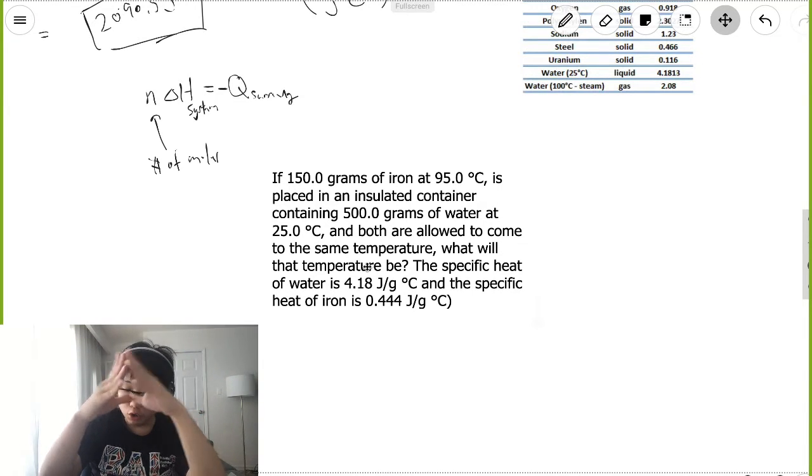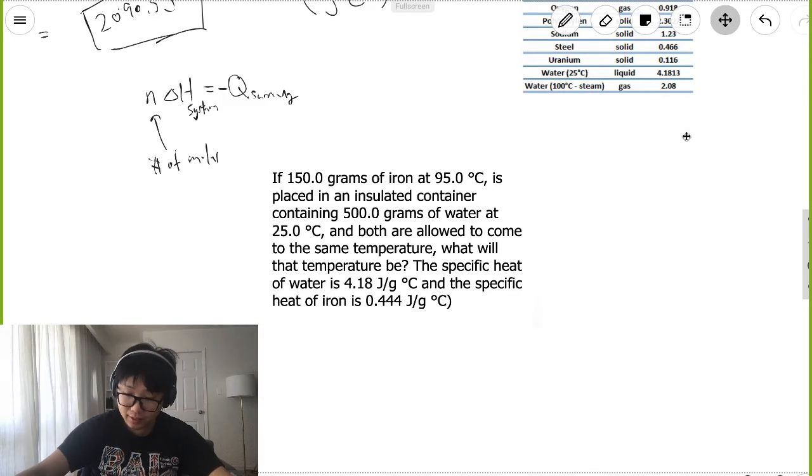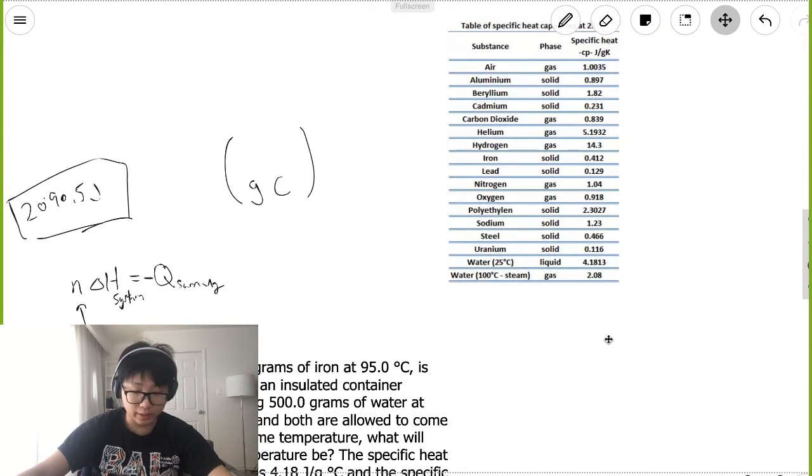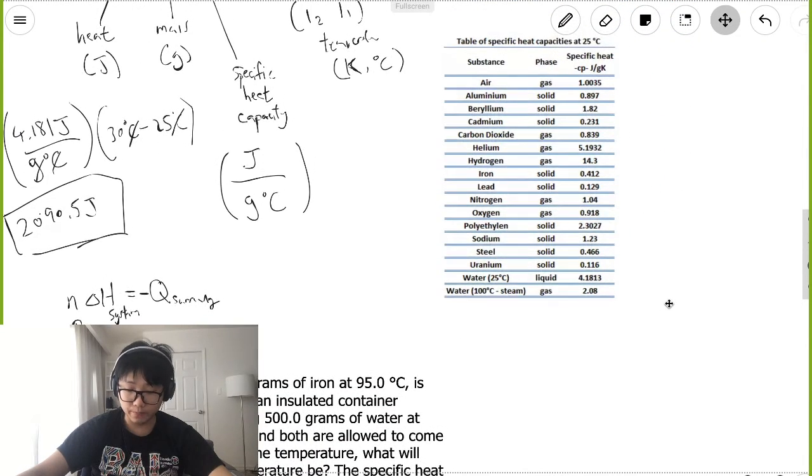But if you also look at the specific heat capacity, then it's really going to lean towards water. Because think about this, water has a specific heat capacity of 4.181. Iron has 0.41. Now, I'm going to give you my definition. This is how I view specific heat capacity.